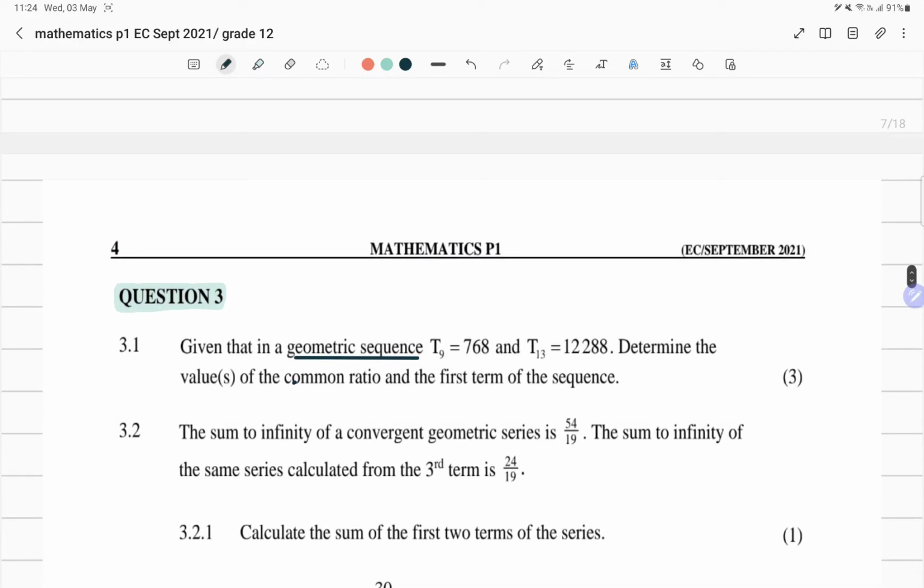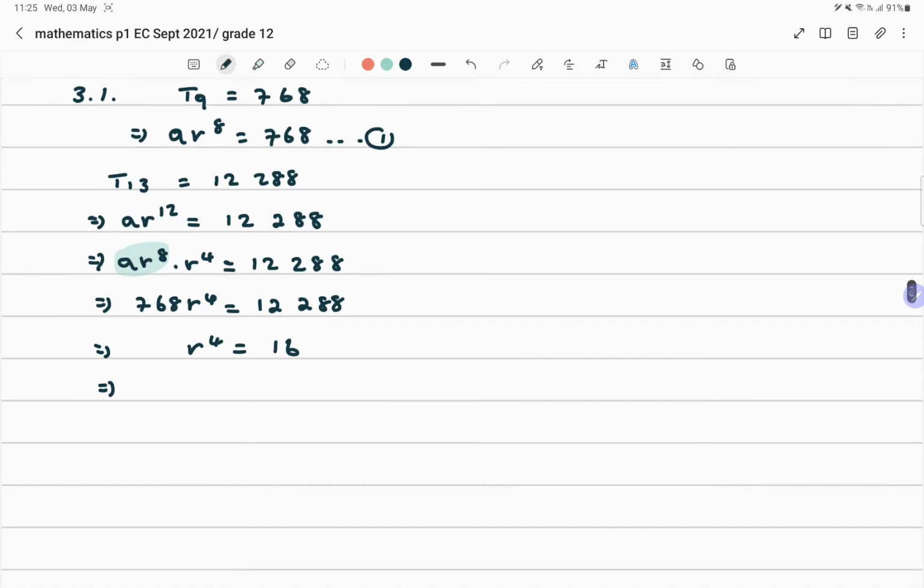Determine the value or values of the common ratio and the first term of the sequence. Here you may run into some problems if you're not careful, because they're saying value or values. If you go the exponential route, you'll only get one answer. What if there are two? So the best is to take the fourth root here.